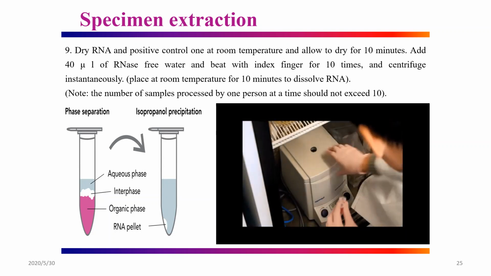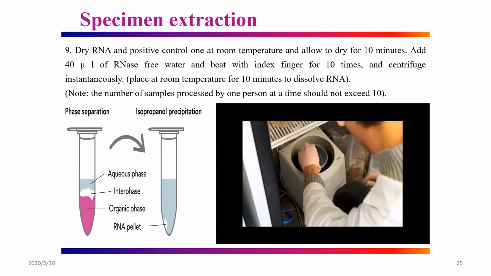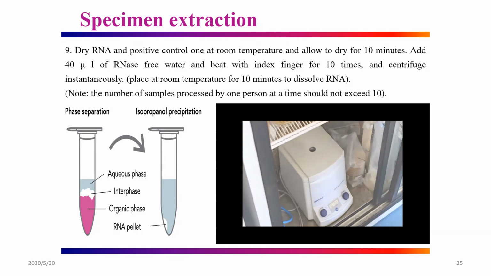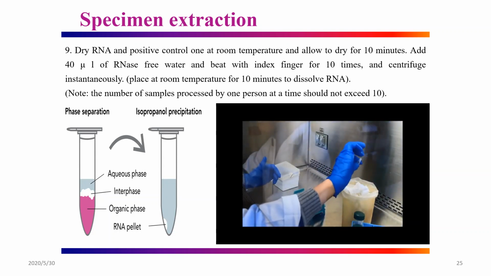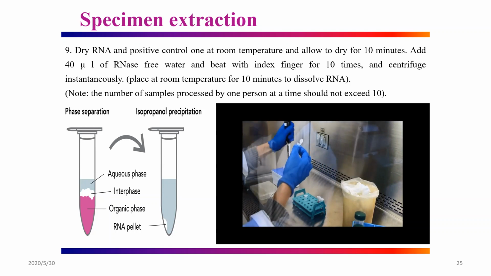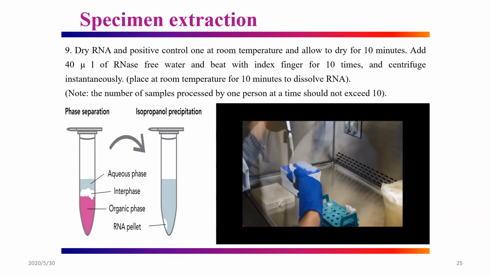The microfuge tube is then centrifuged at 7,500 G for 5 minutes at 4 degrees Celsius. The ethanol supernatant is decanted and any residual ethanol may be removed via pipetting.